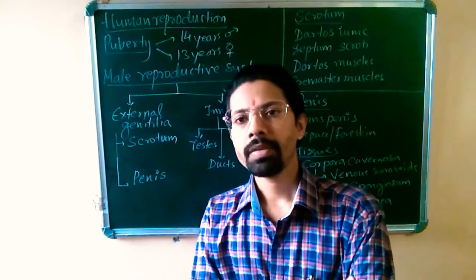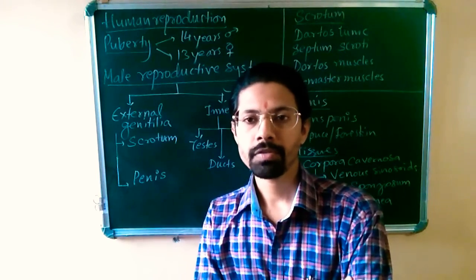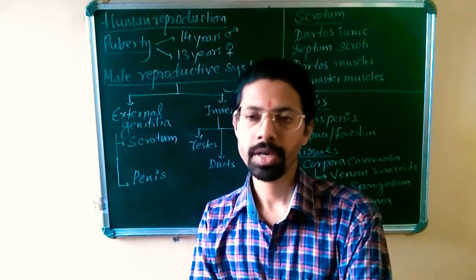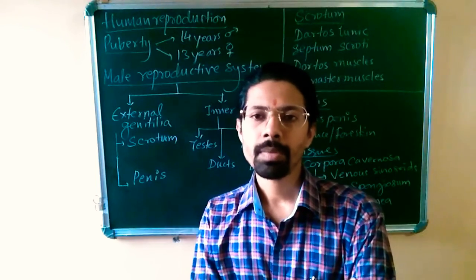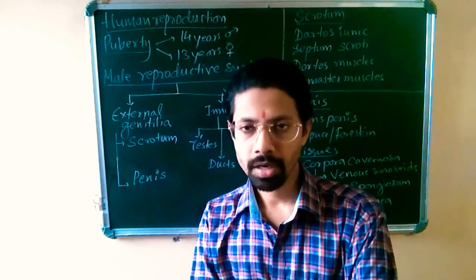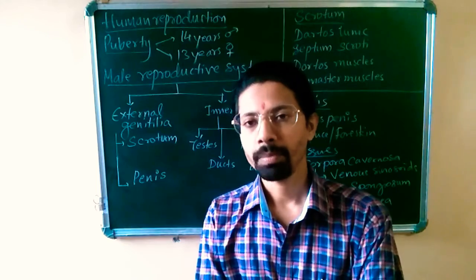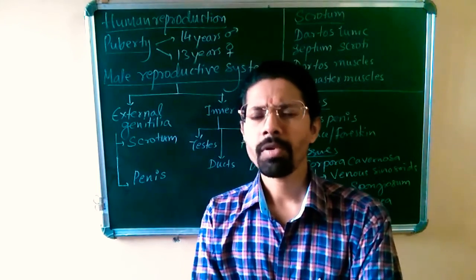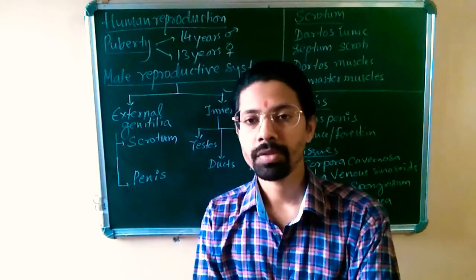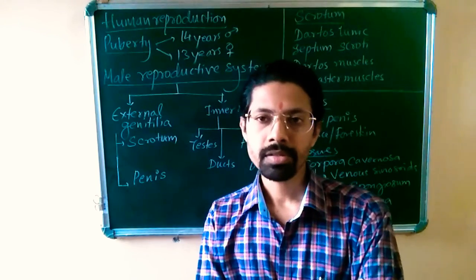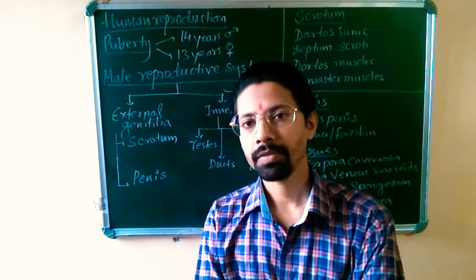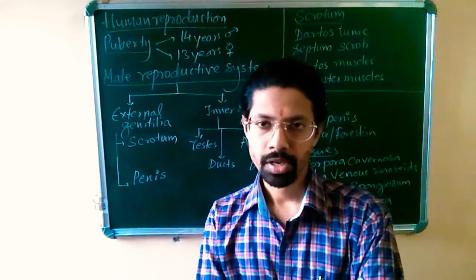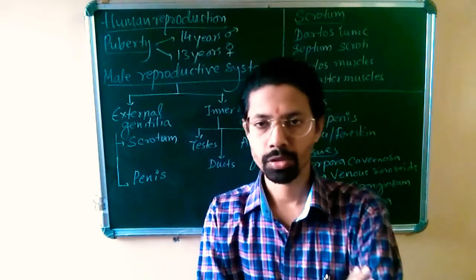So particularly in males and in females, the age of sexual maturity is quite different. Usually sexual maturity in females is quite earlier compared to that of males. Okay, so the approximate age of maturity of males is generally 14 years of age, and in females it is 13 years of age. So already I have written it on the board, you can just go through it.